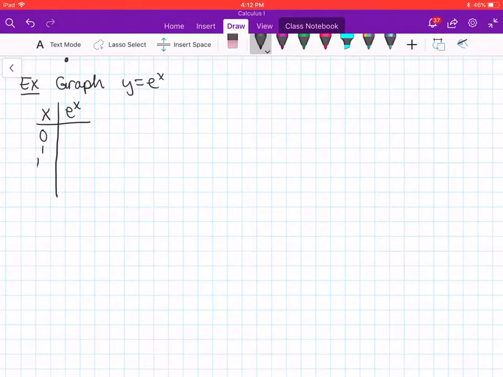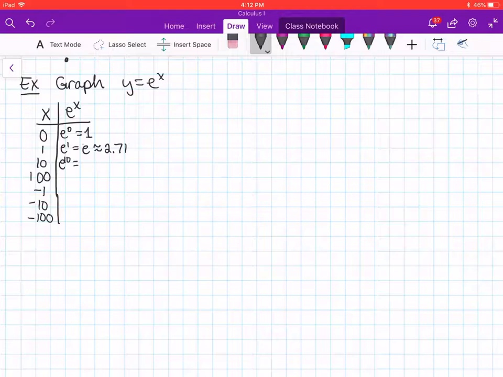So let's do 0, 1, 10, 100, and then -1, -10, -100. e to the 0 is 1. e to the 1 is e, which is approximately 2.71. e to the 10 is, shockingly, 22,026. So you can see that it's growing. e to the 100 is 2.68 times 10 to the 43rd power. So it's really big.